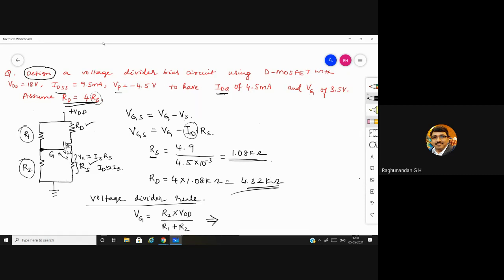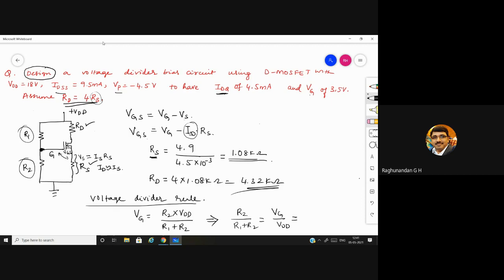So what is the equation we get for this? Because R1 is unknown, R2 is also unknown. So R2 by R1 plus R2 is equal to VG by VDD.